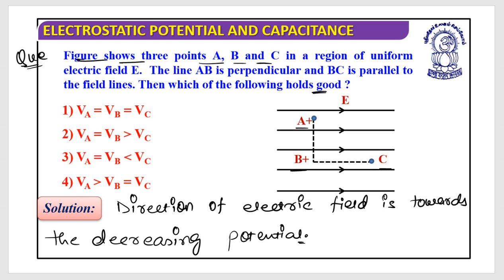That means, look at this, the direction is in the positive x direction. So the voltage at A and the voltage at B would be higher as compared to the voltage at C.